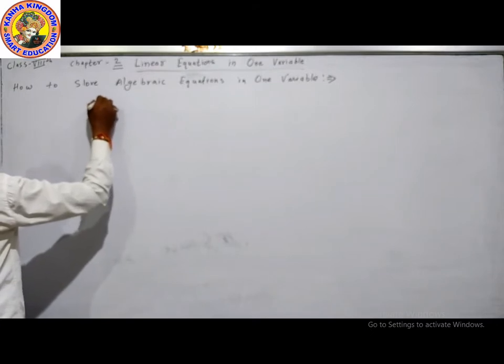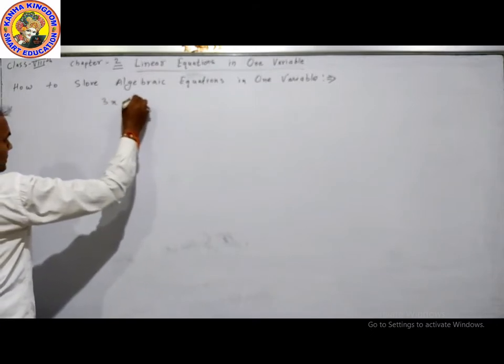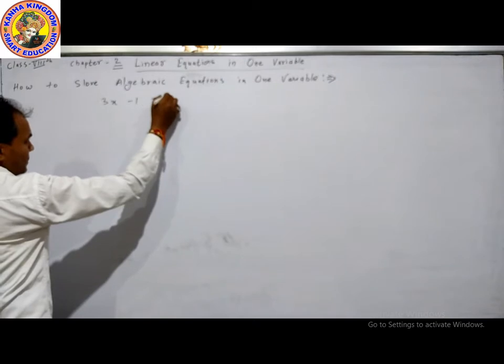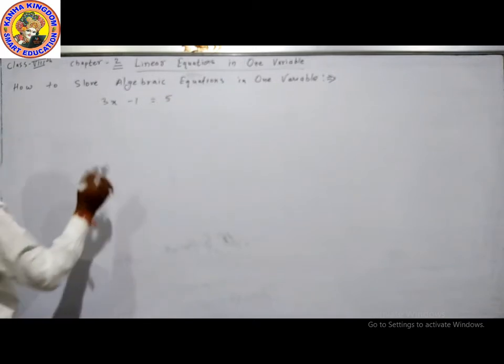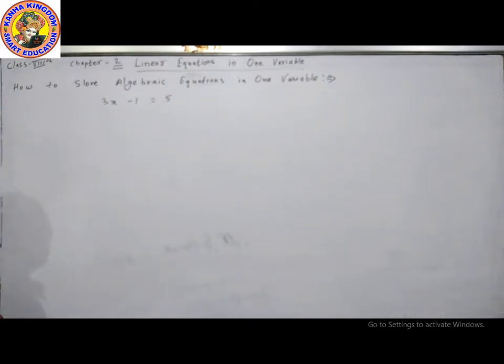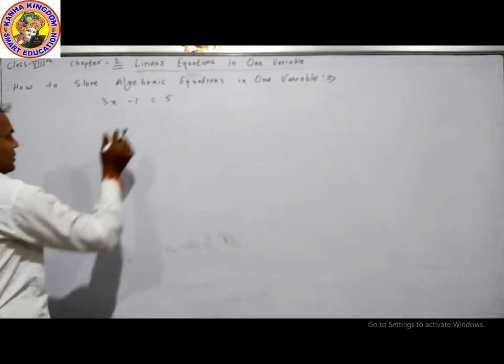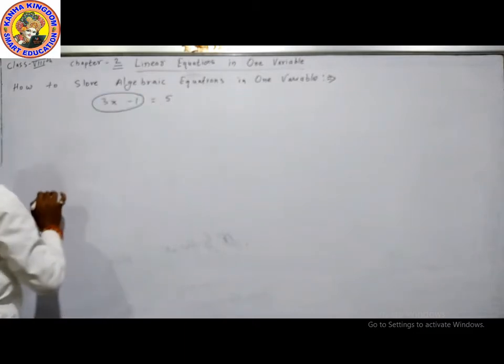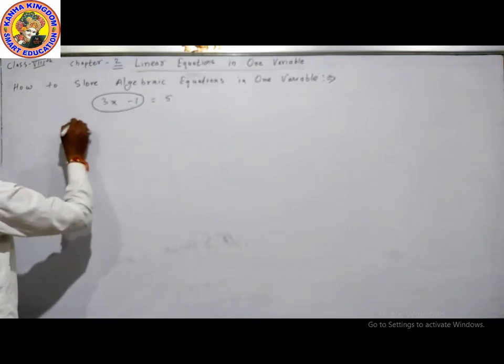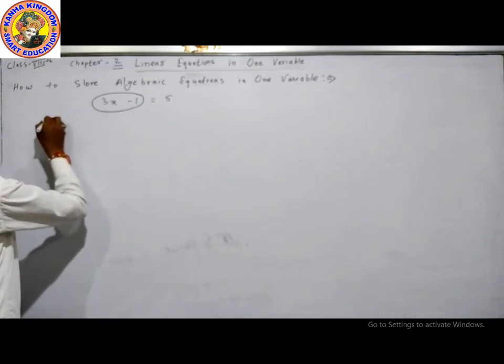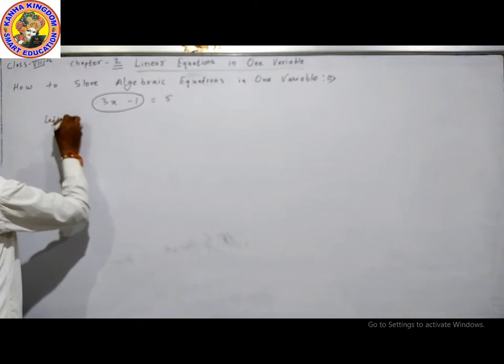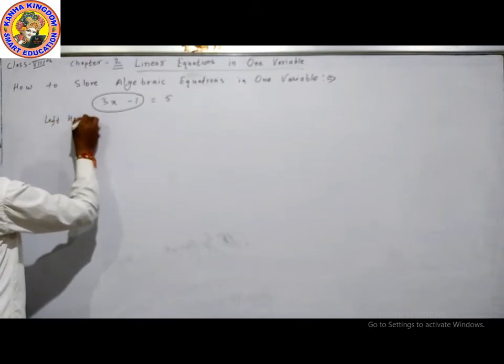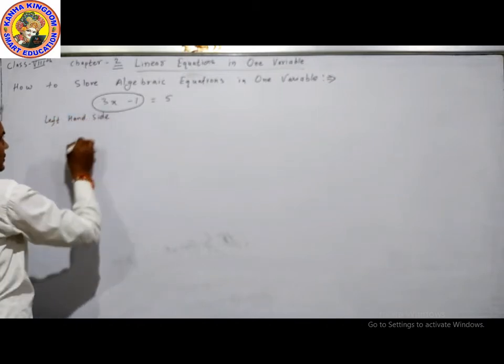Let, for example, 3x minus 1 is equal to 5. This is an example of equation. This side of this example is called left hand side.